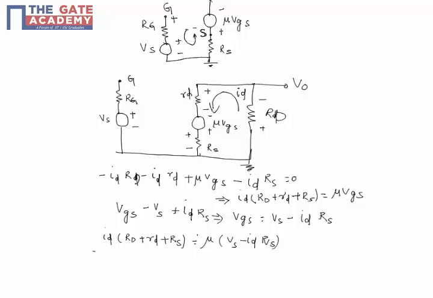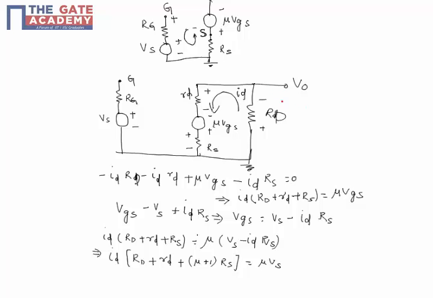So if I bring this ID term to this side, ID into RD plus, here you will get mu into RS, it's already RS is here, so RD first I'll write. This is RS plus mu into RS, so mu plus 1 into RS is equal to mu into VS, right?